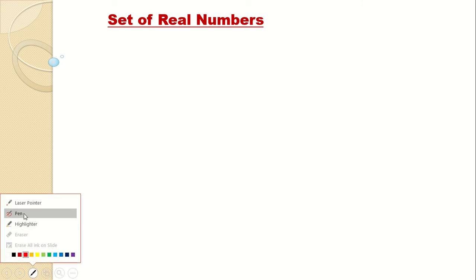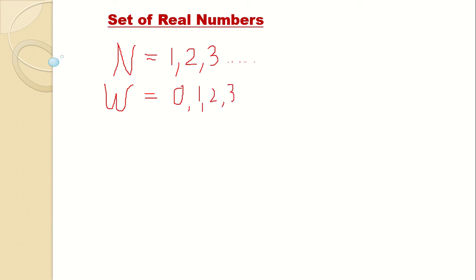Set of natural numbers, as I told you, are the ones which we learn in the KG class. 1, 2, 3, okay, and then they go infinitely. Then when we go to little higher standards, we are introduced to 0, 1, 2, 3 and goes on.